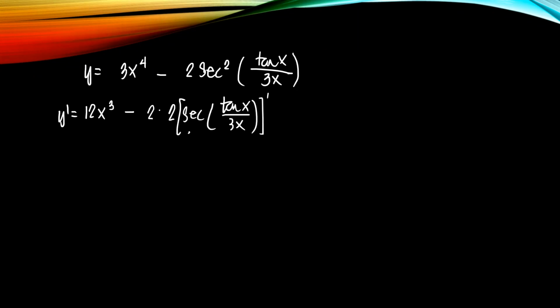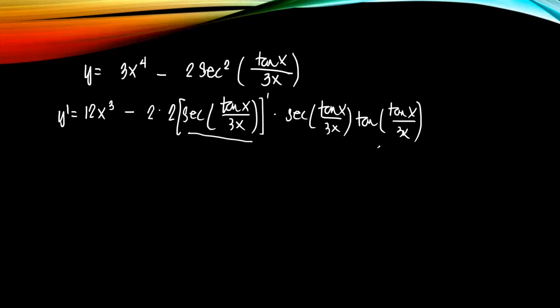Okay. Now, what is the derivative of secant, guys? Secant u tangent u. So, secant of tan x over 3x tangent of tan x over 3x. Parang sabihin nyo, ano ba yan? Hindi matapos. It's okay. Okay, now, the thing that you see now is the quotient.